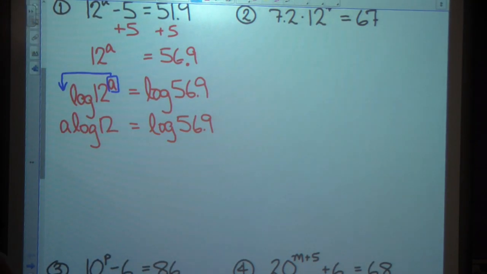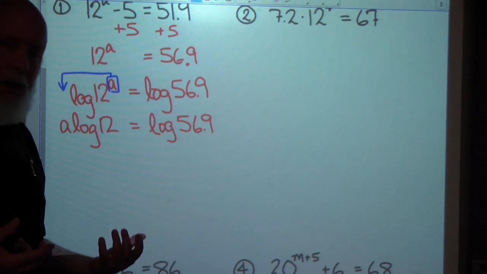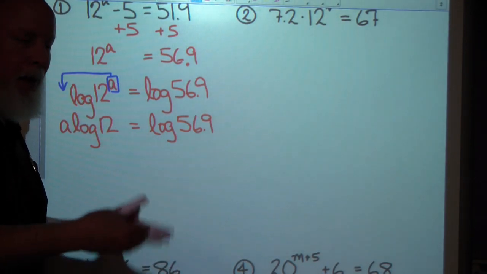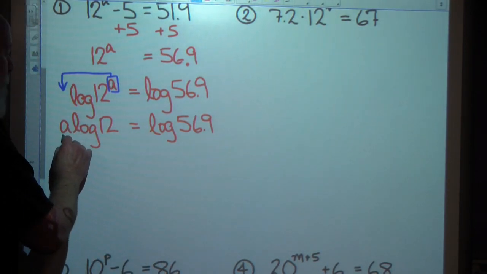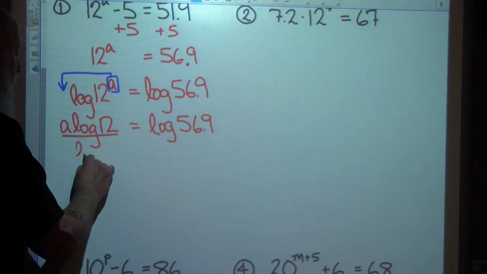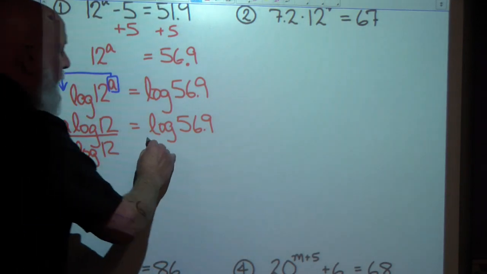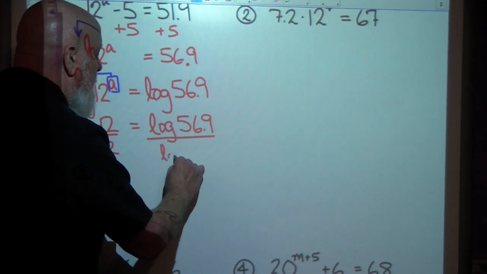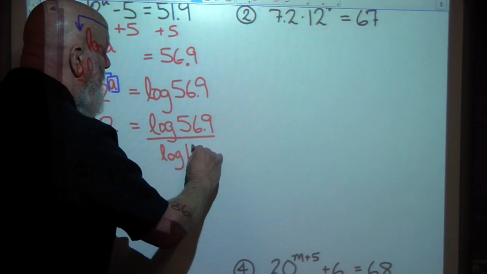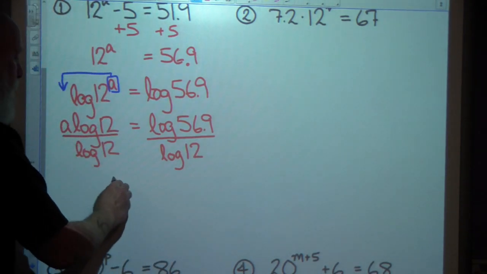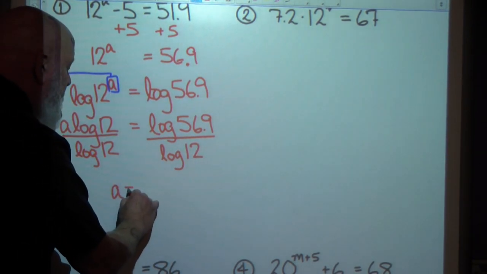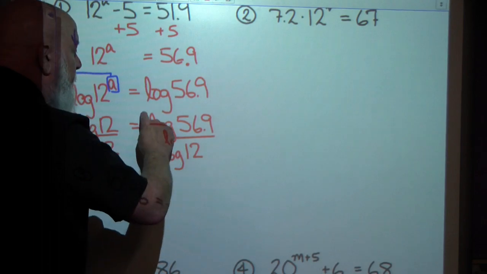Now, in pre-algebra, if I said we want to solve for this and we have a multiplied log 12, how do you get rid of a multiplied log 12? And you guys would say, well, we would divide by log 12, and that's exactly right. We're going to divide both sides by log 12, and that will isolate our a. So I wind up with a is equal to this right here.